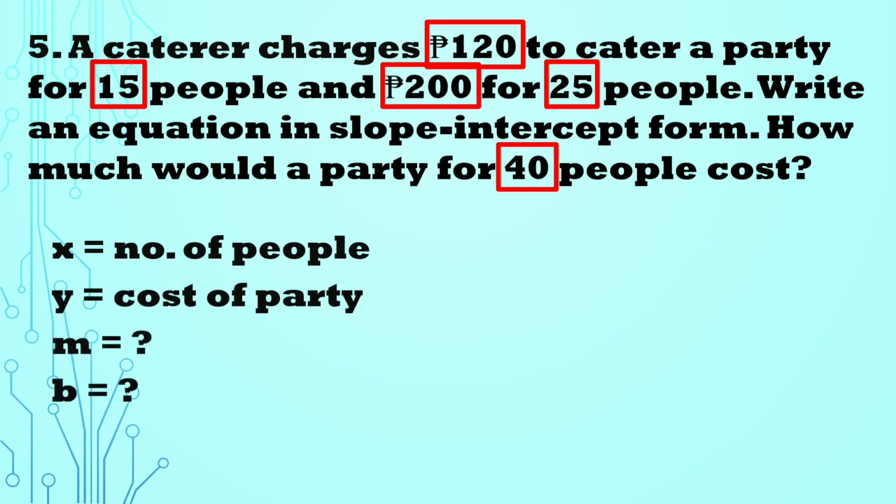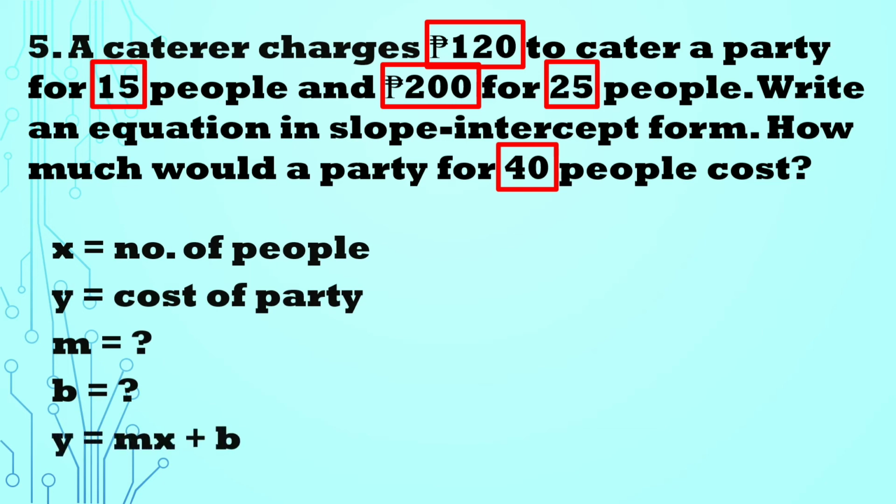Normally kasi kapag may slope, di ba, meron tayong na-encounter na per or kaya each. Ayan, so wala tayong na-encounter na ganun. At wala rin tayong na-encounter na y-intercept na kung saan ina-add or sinusubtract siya pagkatapos ng ating slope or bago ng ating slope, di ba? Ayan, so kailangan natin siyang hanapin.